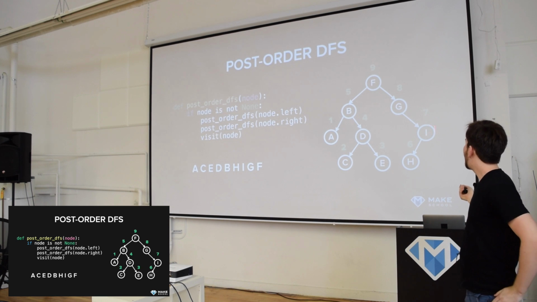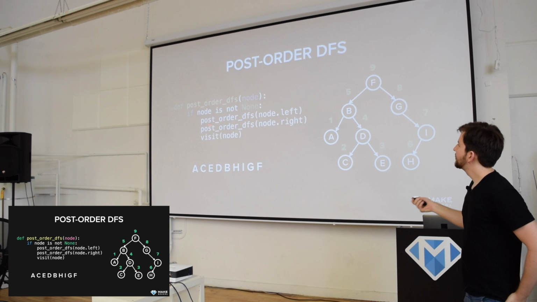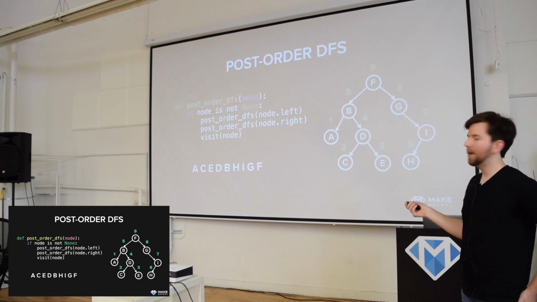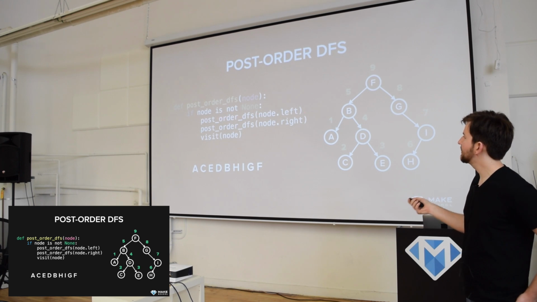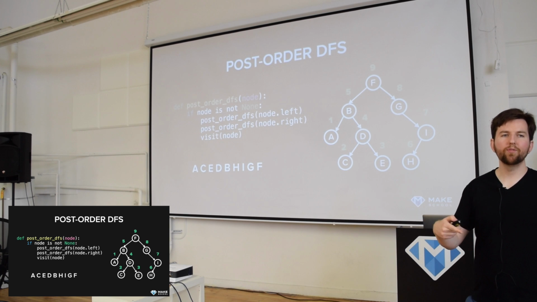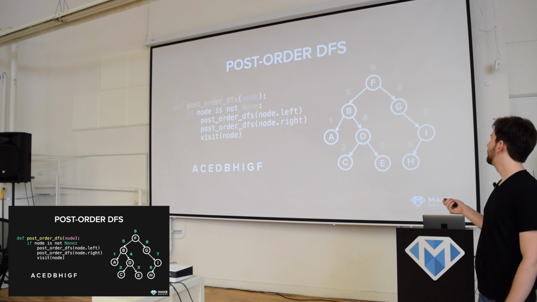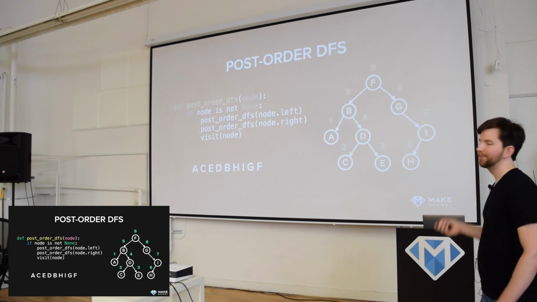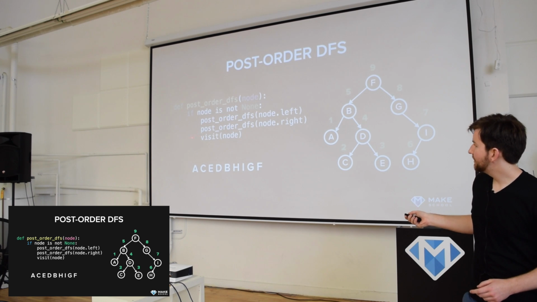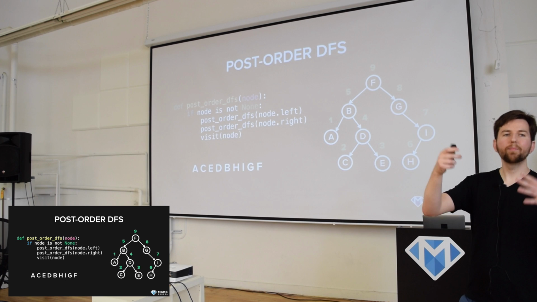Well, I called post-order depth-first search on H, so we just finished, we're back to I being the parameter here, and we just finished calling this line of code on I's left child. So now we move on to the next line of code, which is post-order depth-first search on I's right child. I doesn't have a right child, so we move on to the final line of code, we visit I. And then we pop up the stack again.